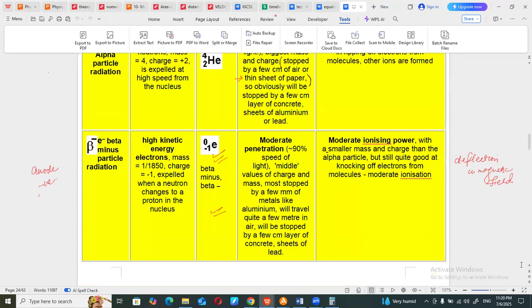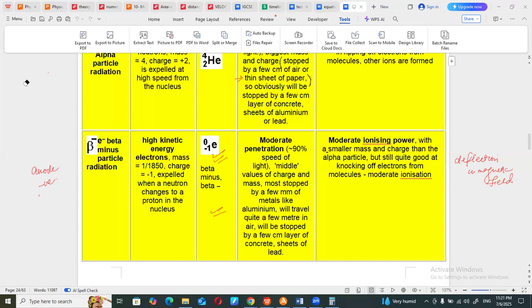Now, moderate ionizing power. Alpha particles, being the heaviest, have the highest ionizing power. After that, beta particles have moderate ionizing power, which is in between alpha and gamma. In the magnetic field, they also show deflection, but opposite to that of the alpha particle.